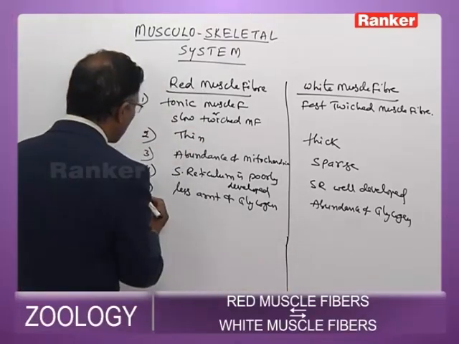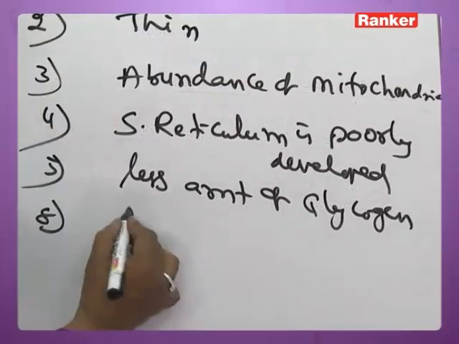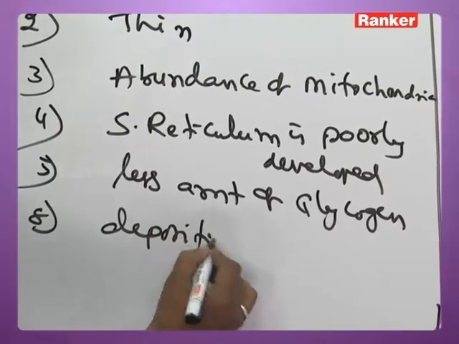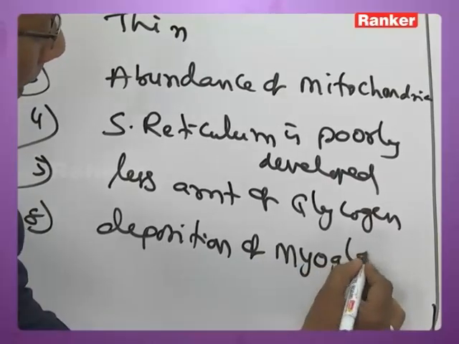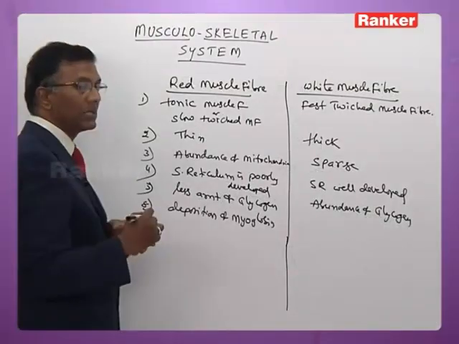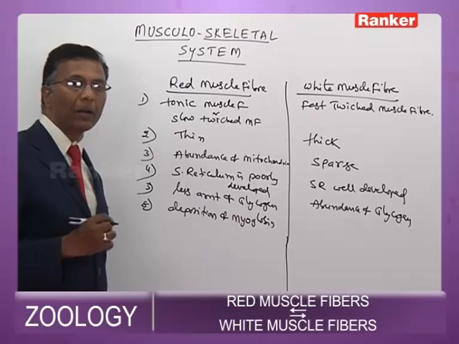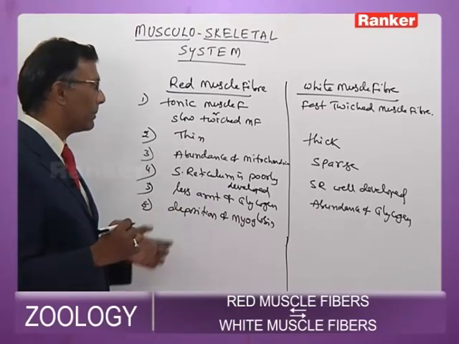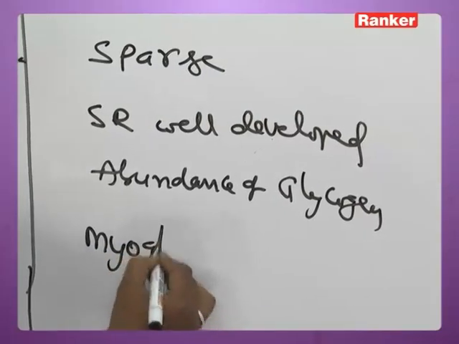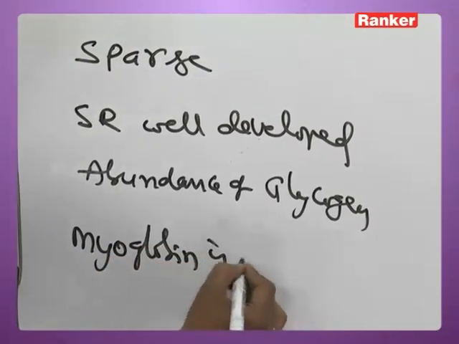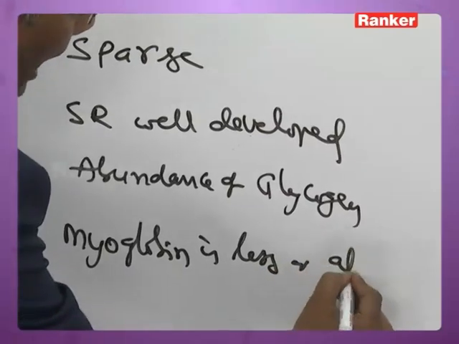Red muscle fibers are red in color due to deposition of a large amount of a respiratory pigment called myoglobin in the sarcoplasm. That's why they appear red. In white muscle fibers, myoglobin content is less or absent.